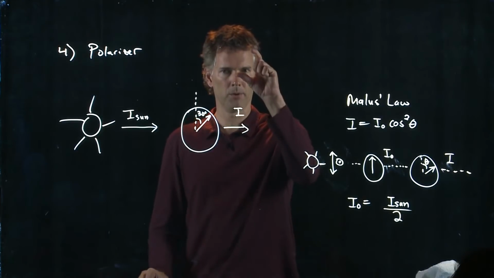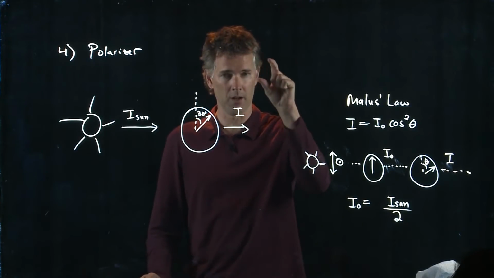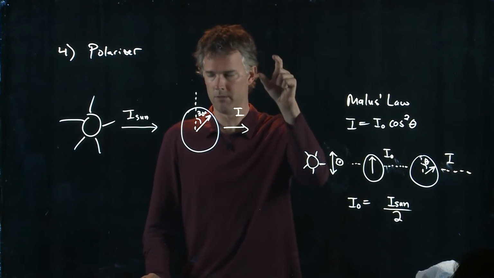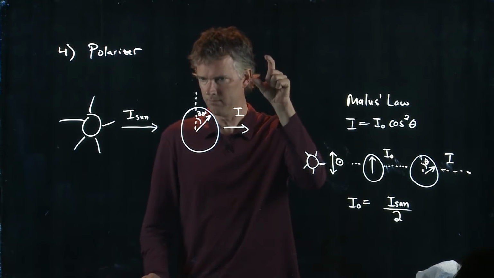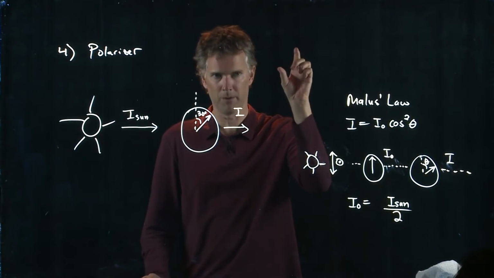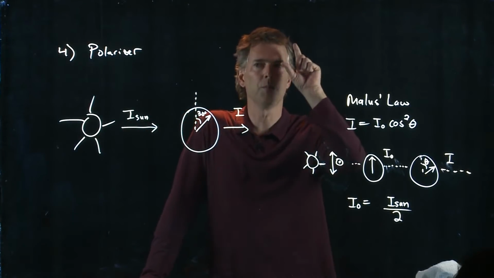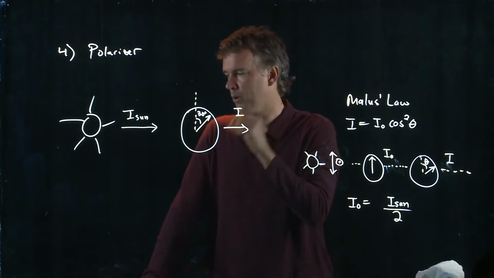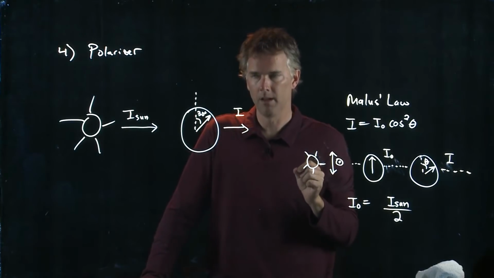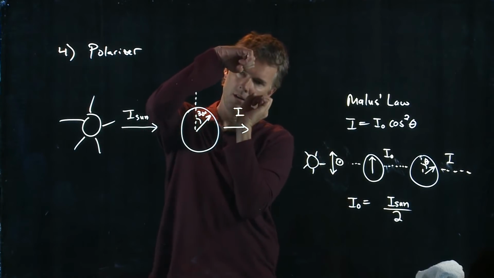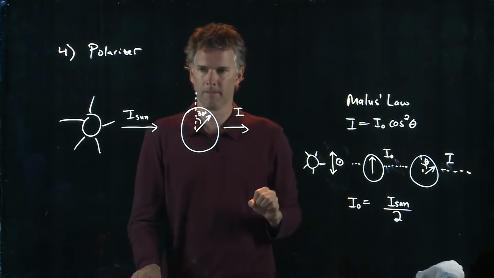If I hold up a polarizer and I look at the sun, which you should never do, of course, because it's a little bright. Even if you cut it down with a polarizer, it's still very bright. But let's say you do that. Let's say you look up at the sun with your polarized sunglasses, and now you turn your head sideways.